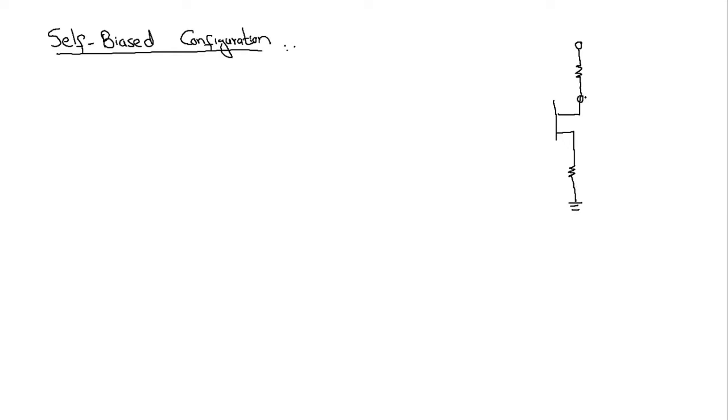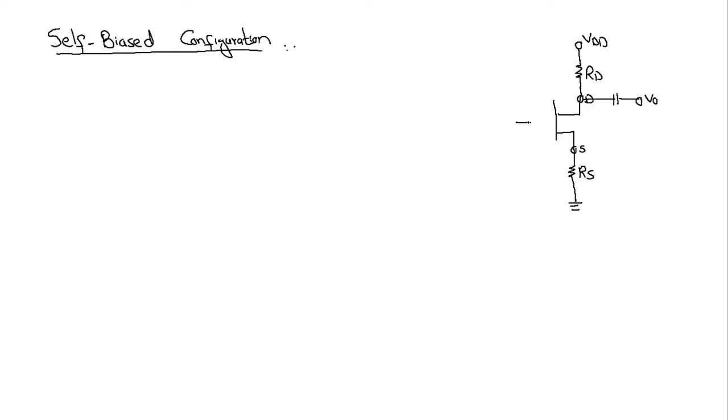This is my drain terminal and we have a coupling capacitor connected here, and this is going to be my Vout. This is my resistor RD and this is my DC source VDD. And this is my resistor RS as it is connected to the source terminal.